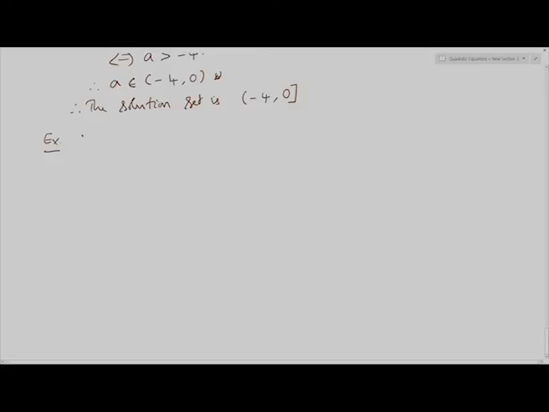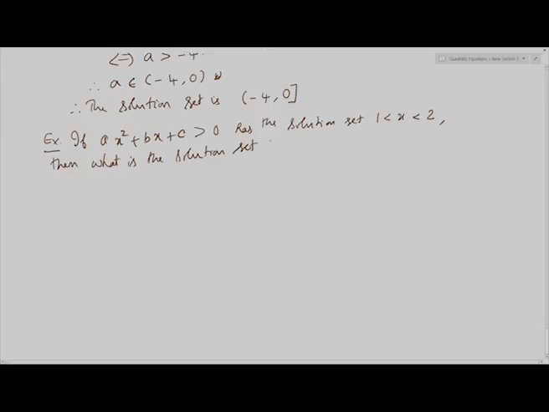It is given that if a x square plus b x plus c greater than 0 has as the solution set 1 less than x less than 2, so this inequality is satisfied only on this open interval 1 to 2, then what is the solution set of some related inequality, namely c x square plus b x plus a.